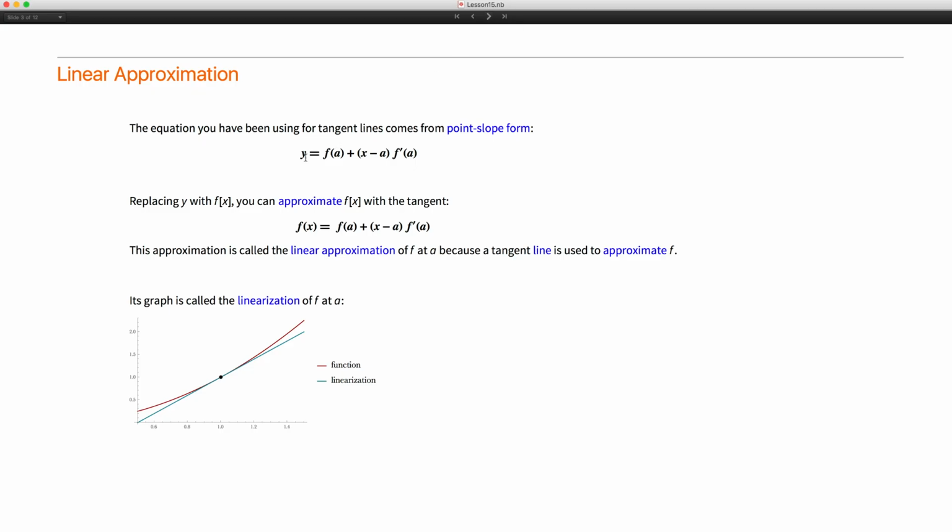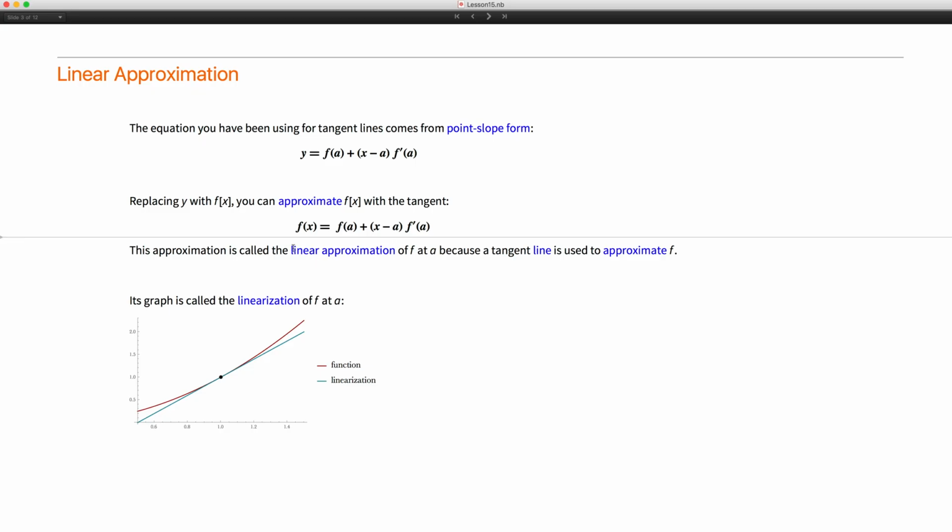And you may recall that the tangent line at a point x equal to a is given by an equation of that type. Now, the y over here is a point on the tangent line, but what you could do is to replace y by f of x, the function itself, and then you get an approximate equality whereby the value of f at x can be approximated using its derivative at the point a.